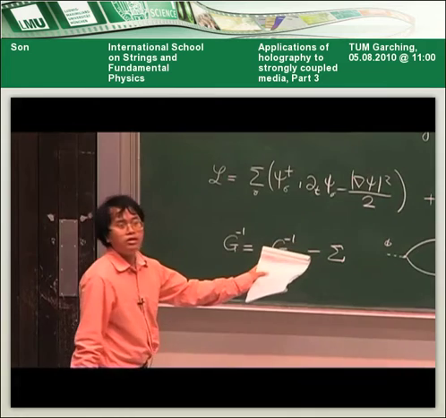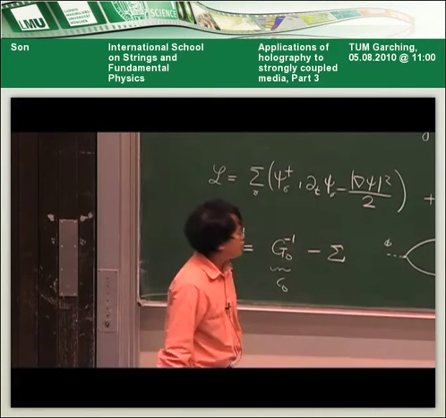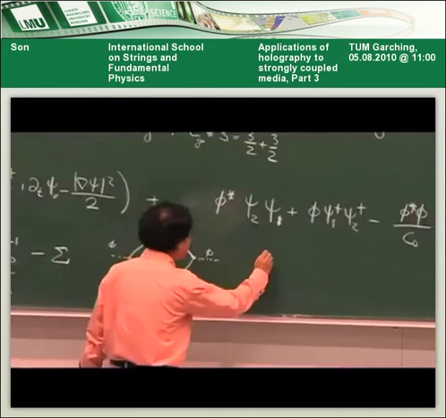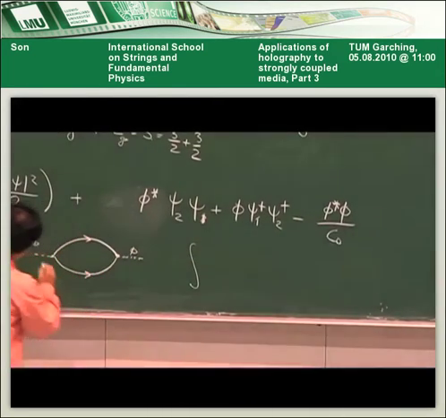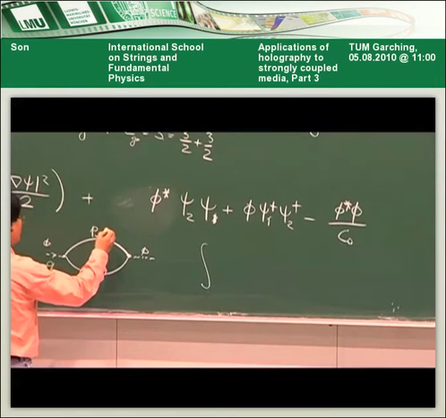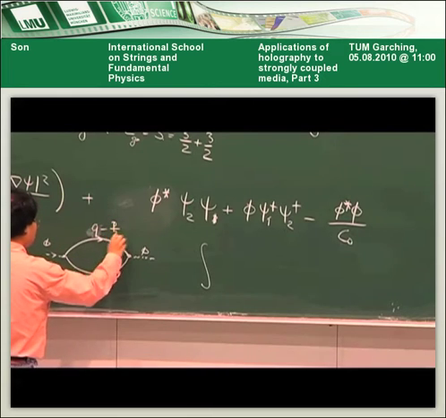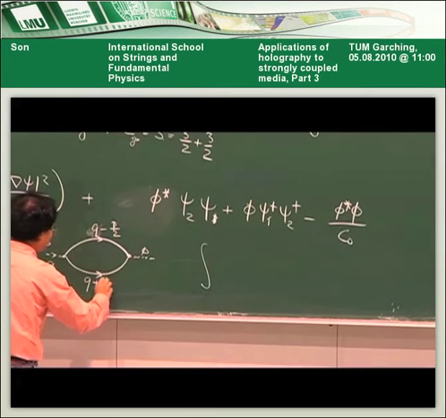Now let's compute this diagram. At least we can write it down. If the incoming momentum is q, then here you have q minus p over 2, and then here you have q plus p over 2.